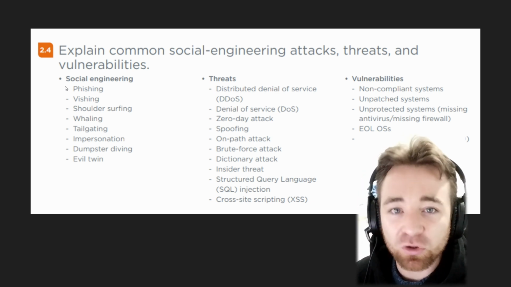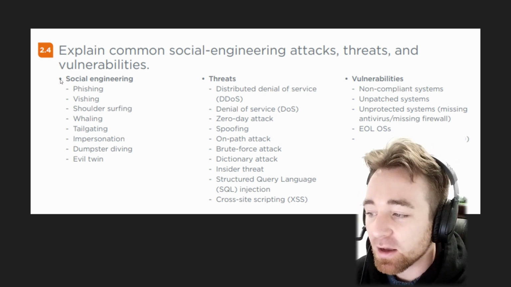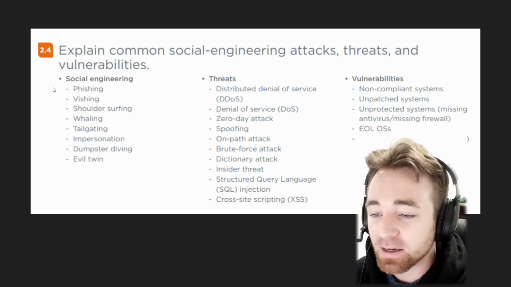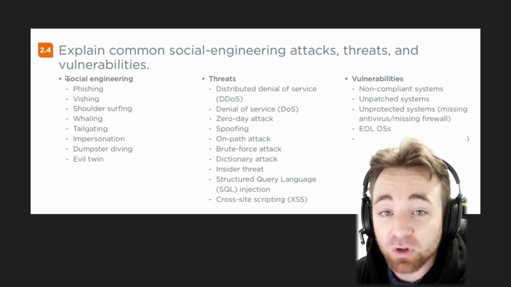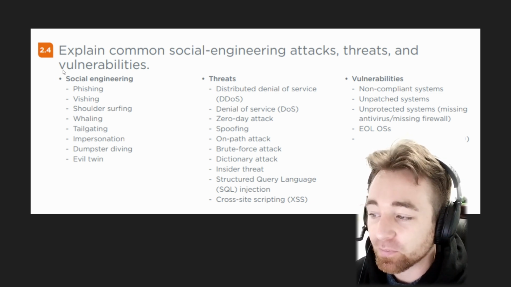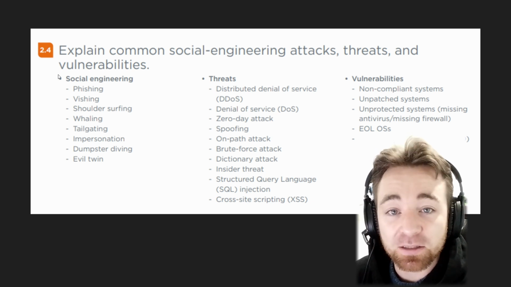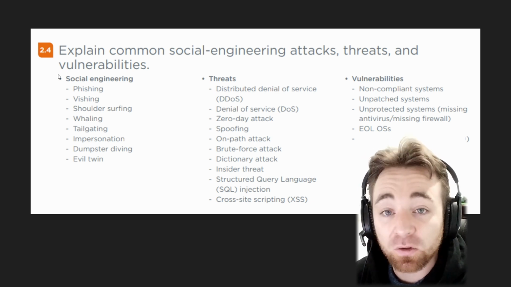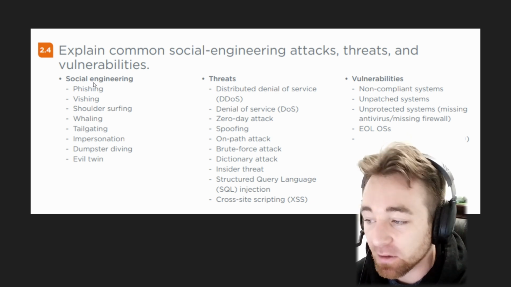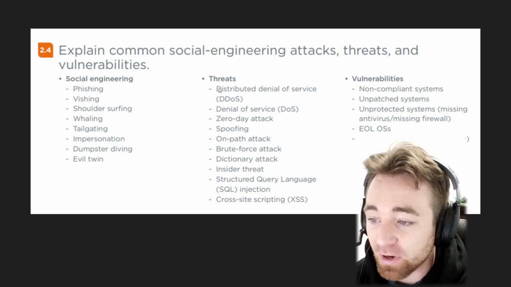So this is not about software or hardware. This is about psychological tactics that scammers will use in order to trick you into doing something that you don't want to do, whether that be downloading malware or allowing them access to your system, right? Any kind of psychological tactic is social engineering, within the social engineering category.